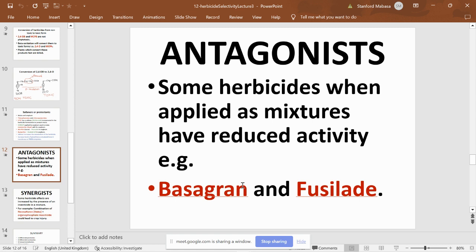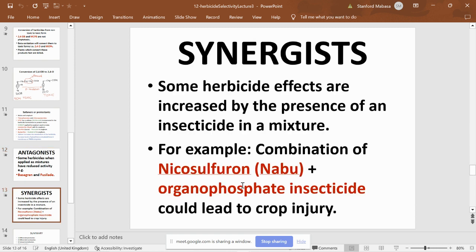You may think probably the best is to mix them. But if you mix them, because these are antagonists, you may lose weed control. So you may fail to control your weeds. Some herbicides, when applied as mixtures, have reduced activity. So you will fail to control your weeds if you mix Basagran and Fusilade.